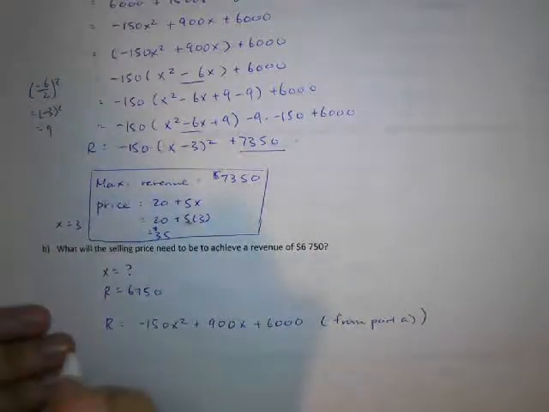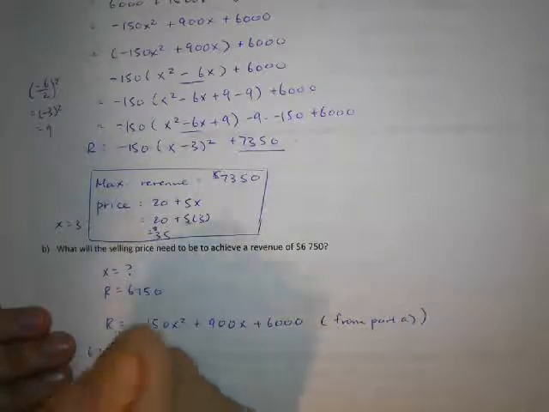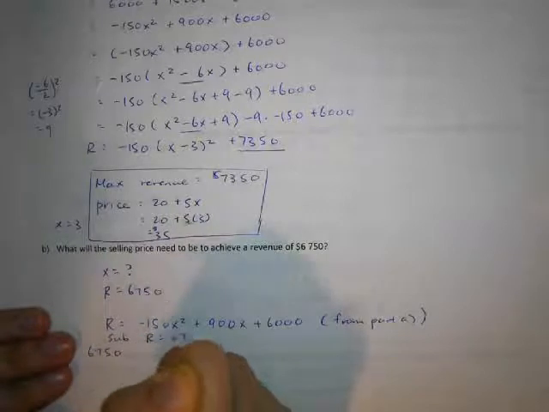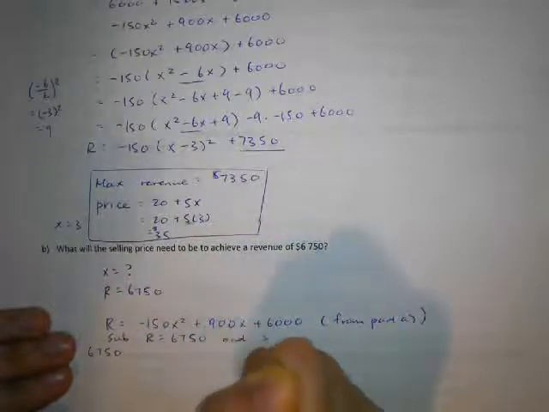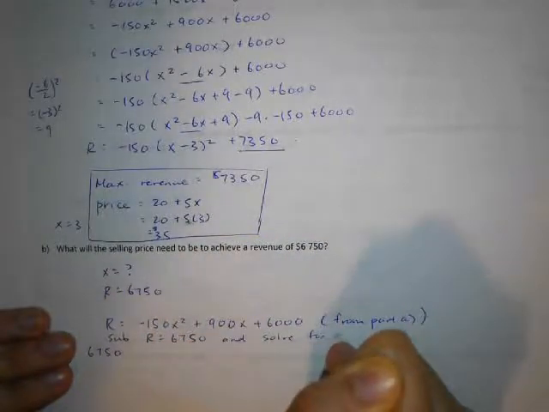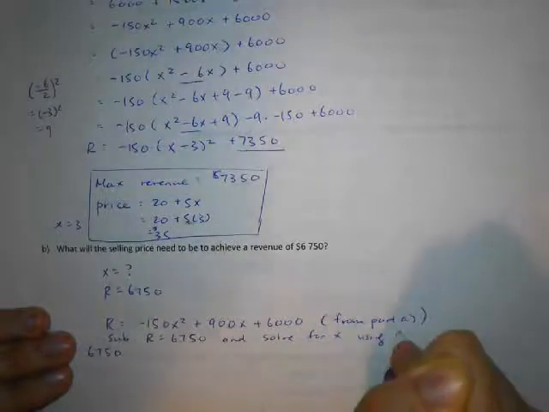So I know revenue is $6,750. So I'm subbing this into R, and then I'm going to solve for x. I'm just going to use quadratic formula again.